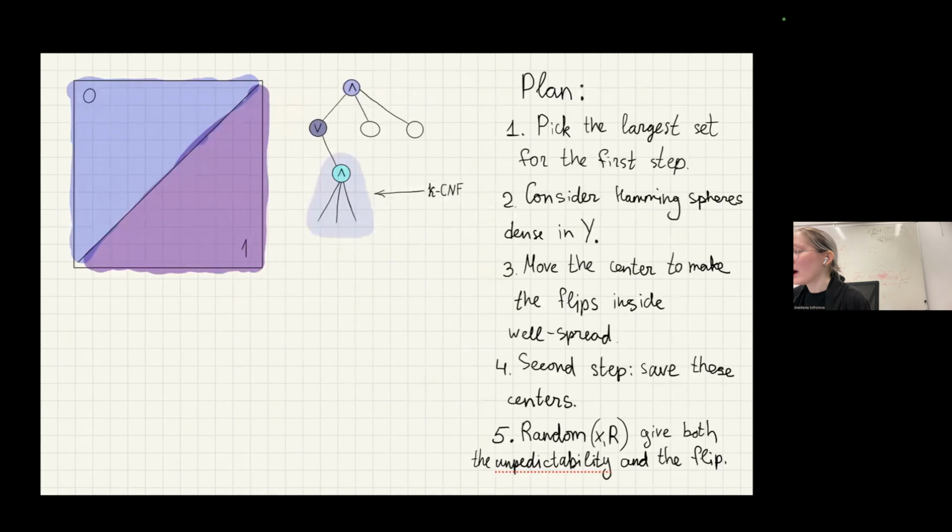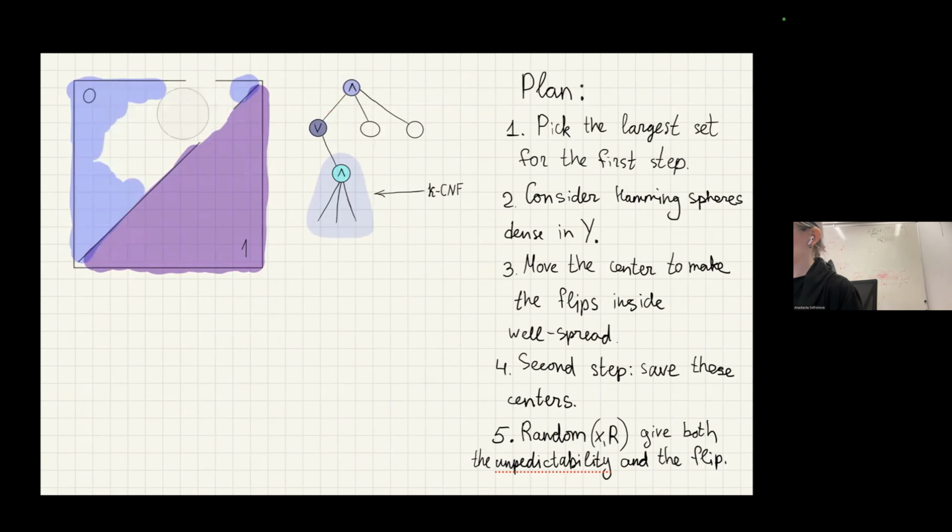Okay, so this is actually all that we need for the proof. And let me just repeat the plan, expanded now, knowing everything that we know. And let me just do this voices inside the circuit right here in the picture, just to explain what's happening. Okay, so I'm standing here at the root of my tree, and I'm making the first step over here in this subcircuit, and I'm picking the largest set of zeros for the first step.